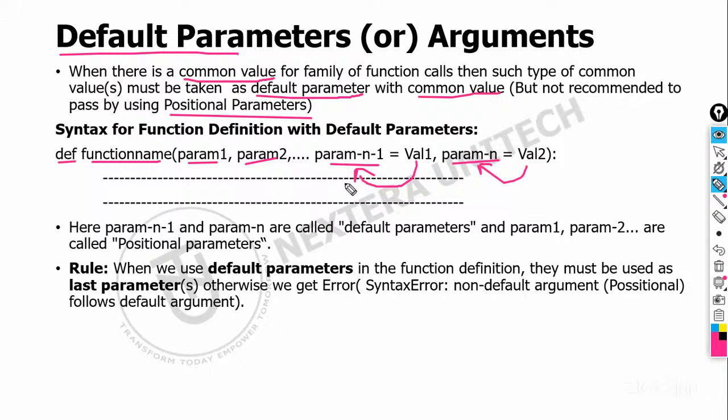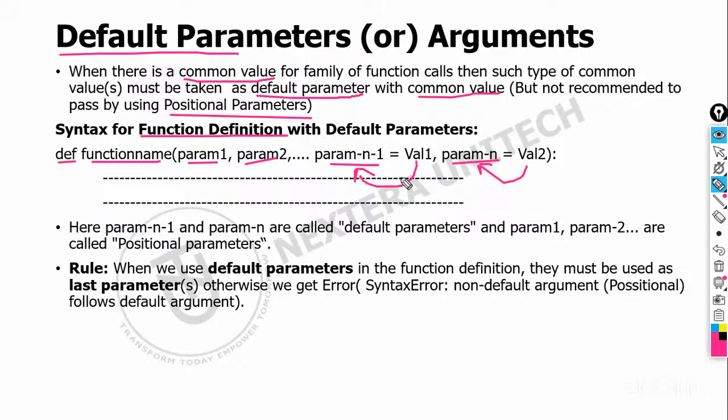So instead of passing it every time, it's better to declare that particular parameter: company equals the company name. Whenever you are defining the function, I'll keep the parameter name as company equals the company name. That becomes a default parameter. So you observe default parameters in the function definition itself, where the values are passed to the parameters.